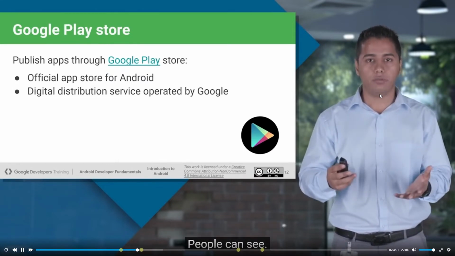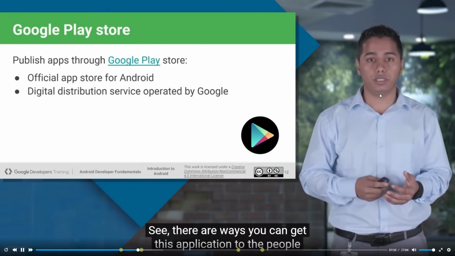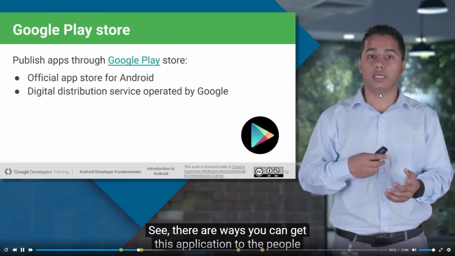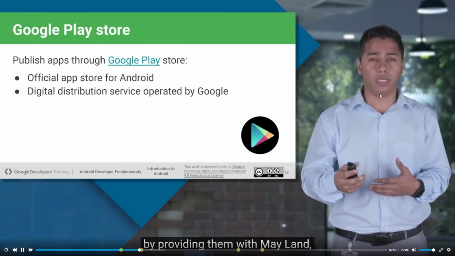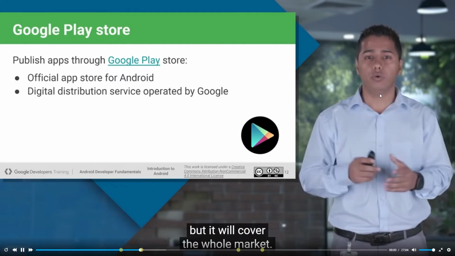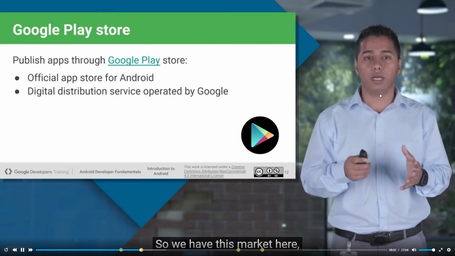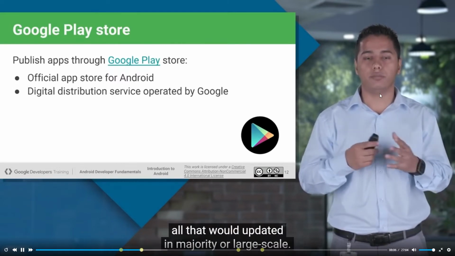People can see it, right? That's where you will be publishing all your applications. There are ways you can get the application to people by providing them with mail and USB drives and all, but it won't cover the whole market. So we have this market here specifically for publishing your app at a large scale.